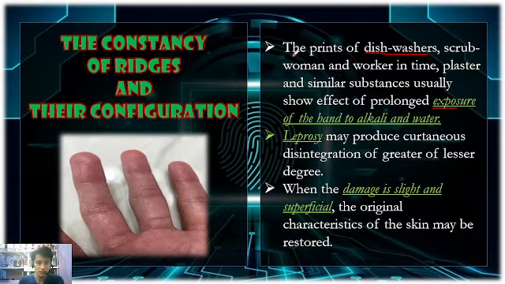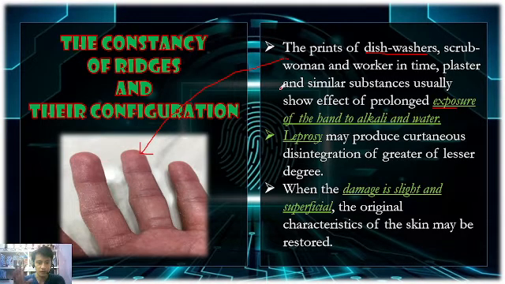If you notice, when you are always handling water, this is what your hand or your finger looks like. So they say that this could be a factor that could deform the fingerprint, because of the nature of the work.